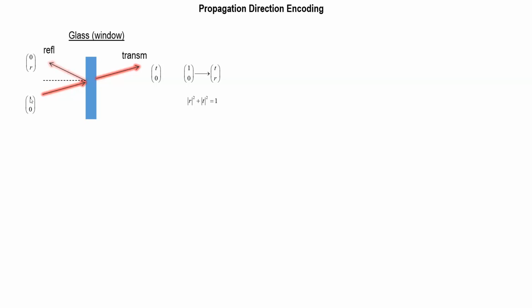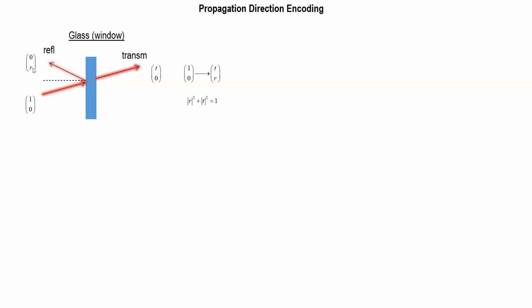So we have the normalized vector in the input, amplitude is 1. For the transmitted wave, a part of light transmits through the window, and it's described by this T, which stands for the transmission coefficient, which is complex valued and can be a function, for example, of frequency of light or wavelength.